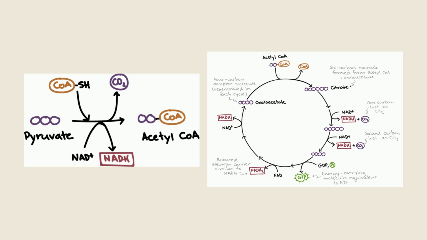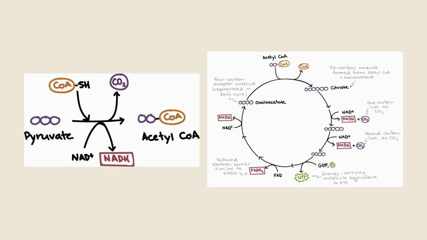So the coenzyme will be combined with the two carbon molecule to form acetyl CoA. This acetyl CoA will then be combined with a four carbon compound, forming citric acid.